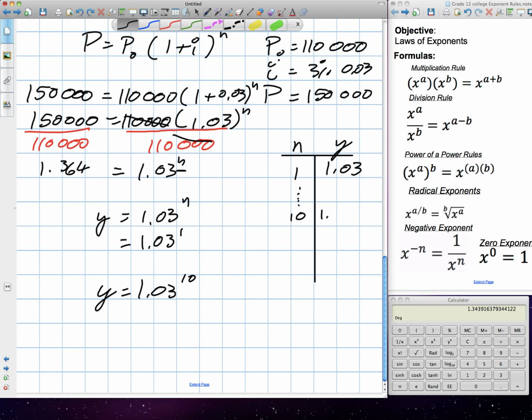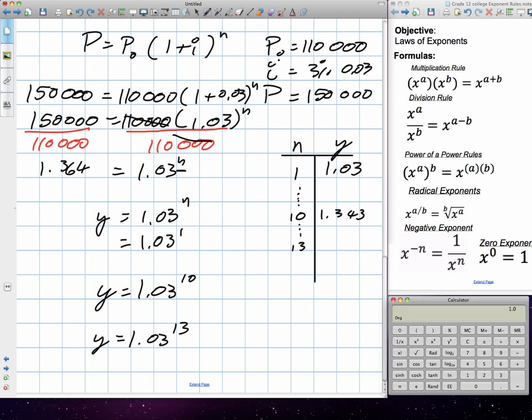That's not quite what we're looking for. So we have to go a little higher. Let's try maybe 13. 1.03 to the power of 13. Oh, yeah, you're right. That number is too high. 11 gives you 1.38? Perfect. Okay, that's what I wanted to find.